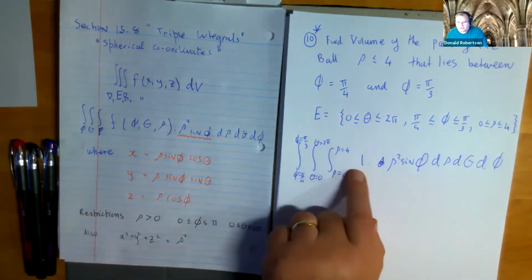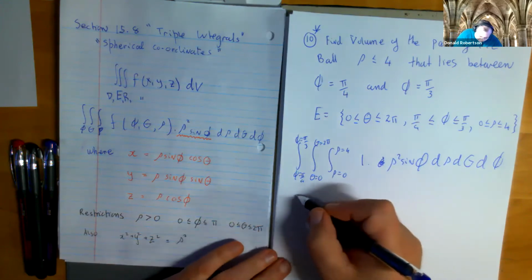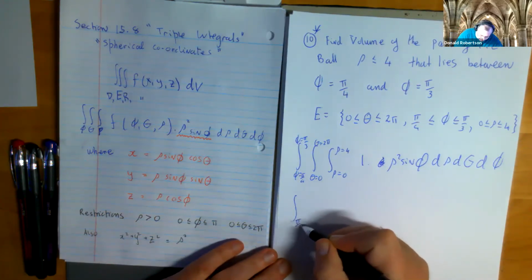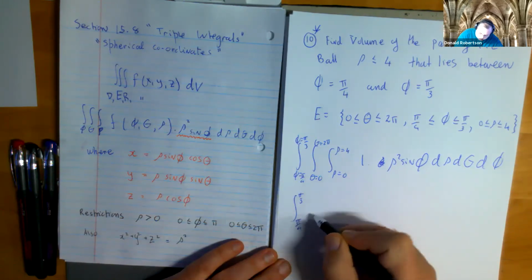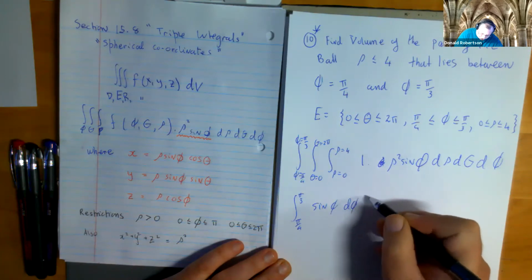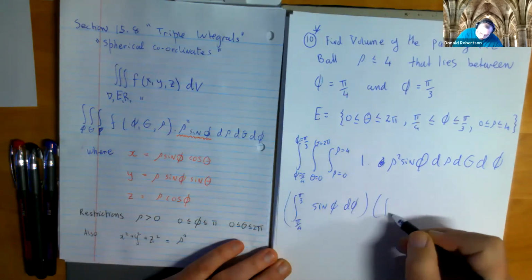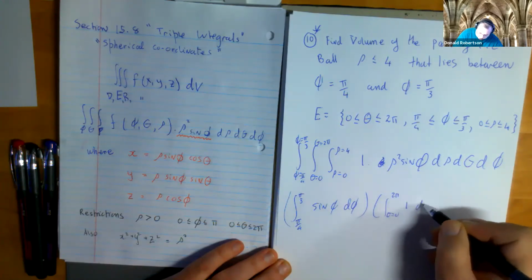Would you agree this guy is variable separable? Right, so I've got a sine of phi, so I'll use that guy. Pi over 4 to pi over 3 of the sine of phi. We'll do 0 to 2 pi of 1.